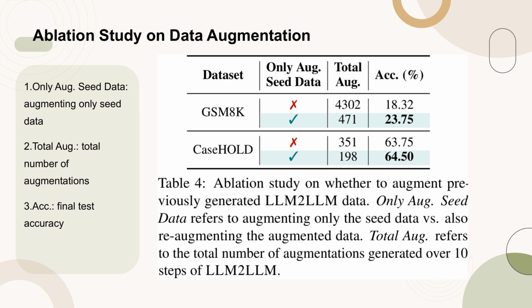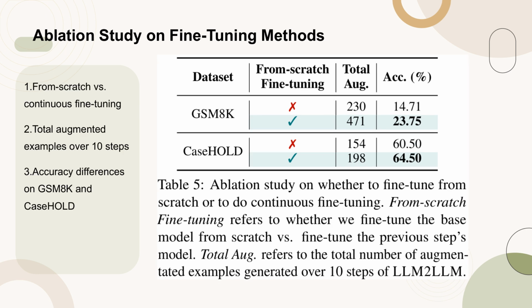The accuracy column indicates the final test accuracy. The results show that augmenting only the seed data leads to better performance, highlighting the importance of maintaining the original data distribution during augmentation.